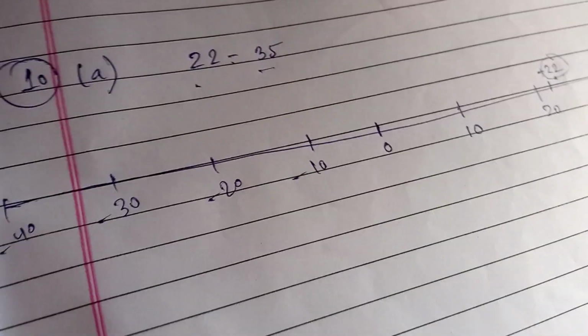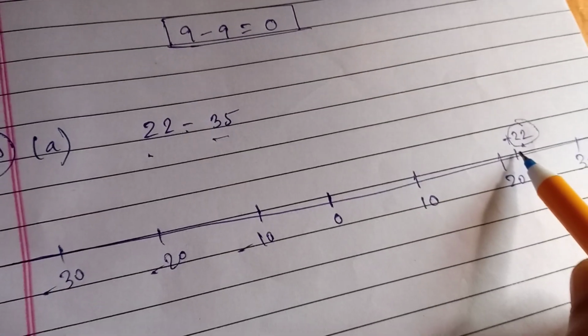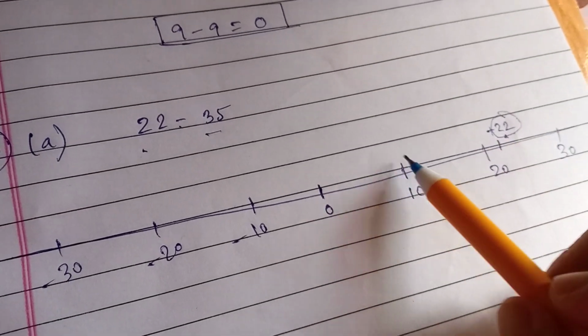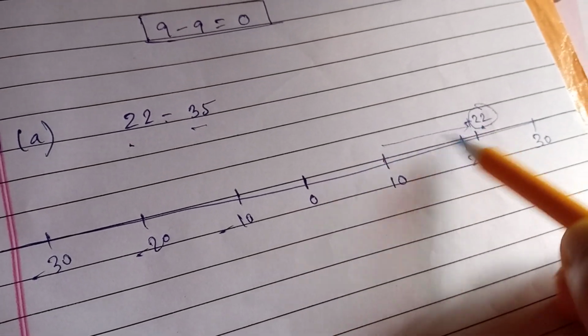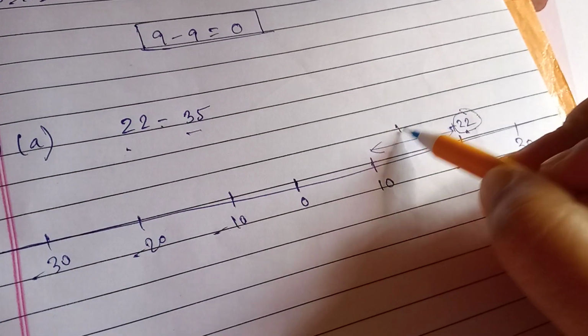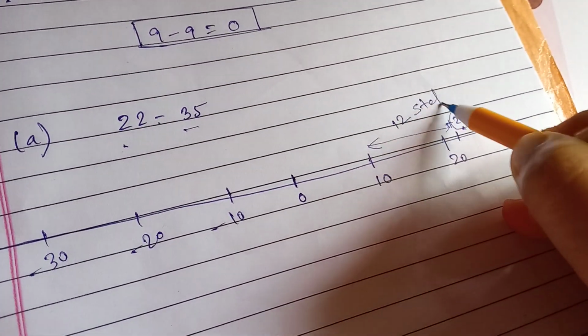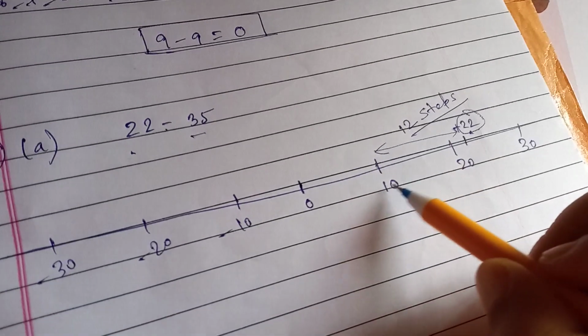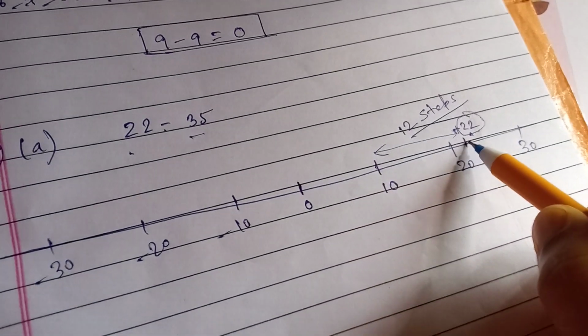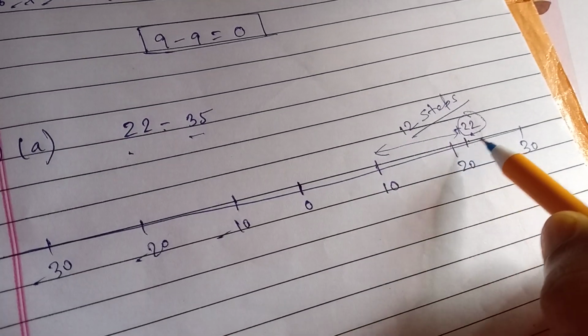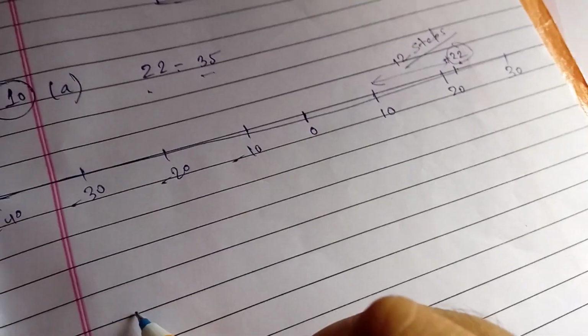Okay, so you see here, from 22 to 10, how many steps are in between? In between there are 12 steps. So from 10 to 22, in between there are 12 steps. How do we get 12 steps?